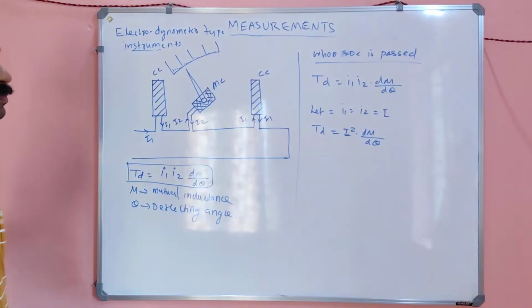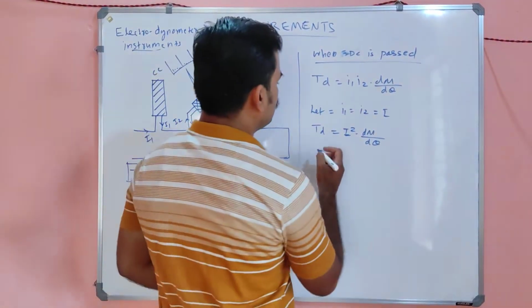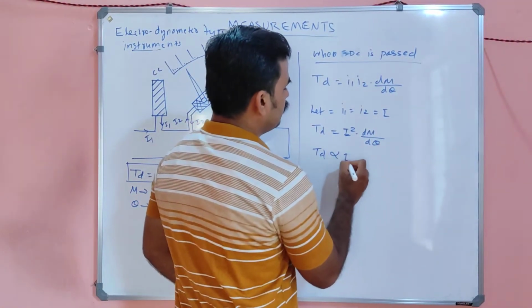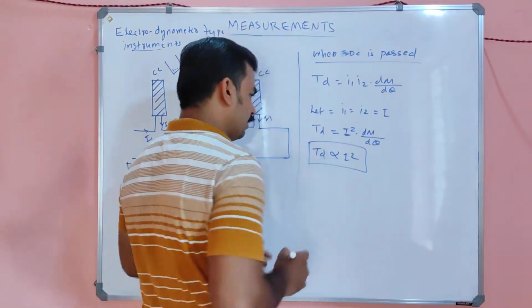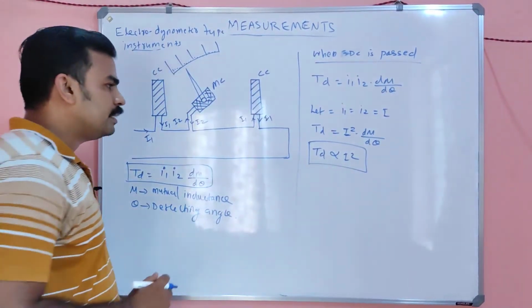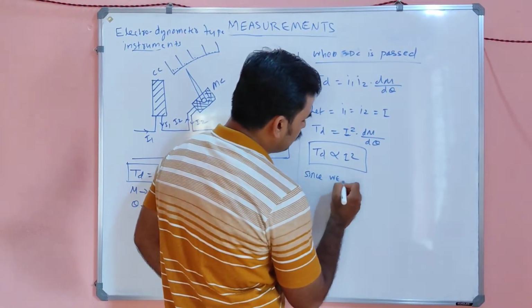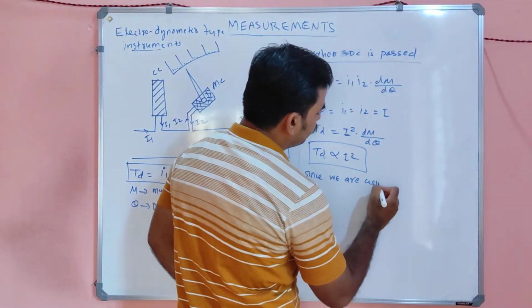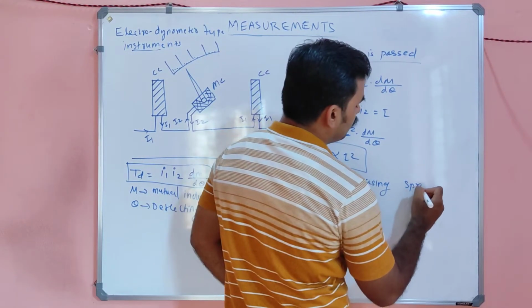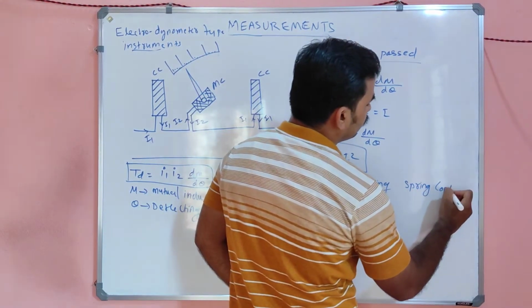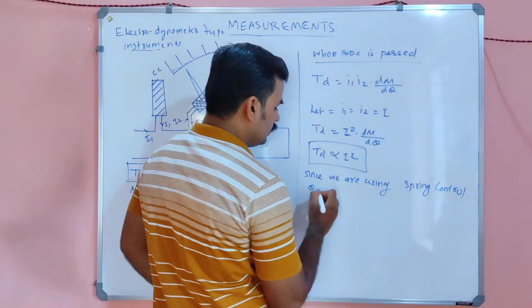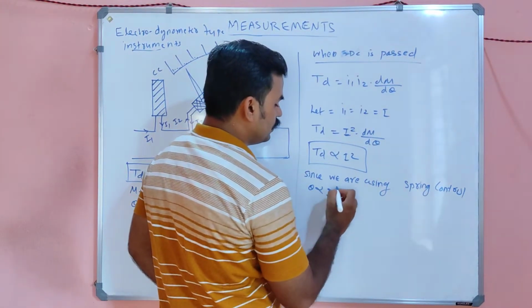So the deflecting torque is directly proportional to I square. Is it clear, my dear? Since we are using spring control, TC is proportional to theta, so theta is proportional to I square.